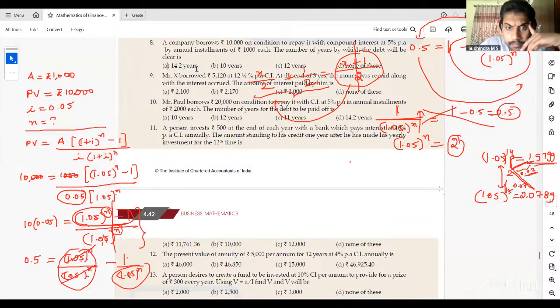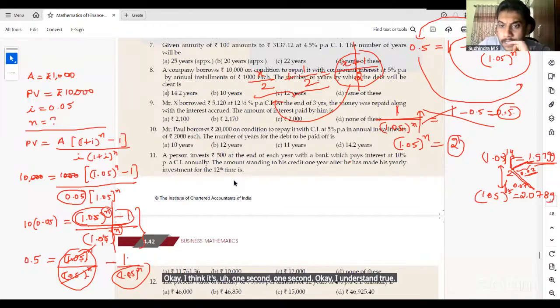Yes, Chetan, correct. Vikram, correct. Lahari, correct. Sir, what is interest? Ganavi, correct. Sahana, correct. Okay, I think interest, it's 1 second. Okay, I understood. Now it is visible.